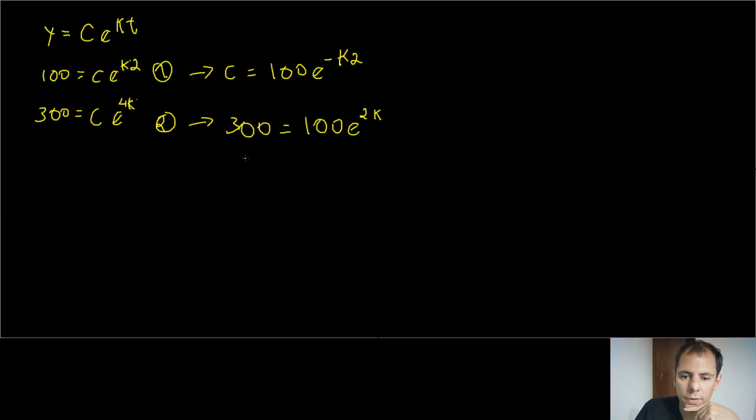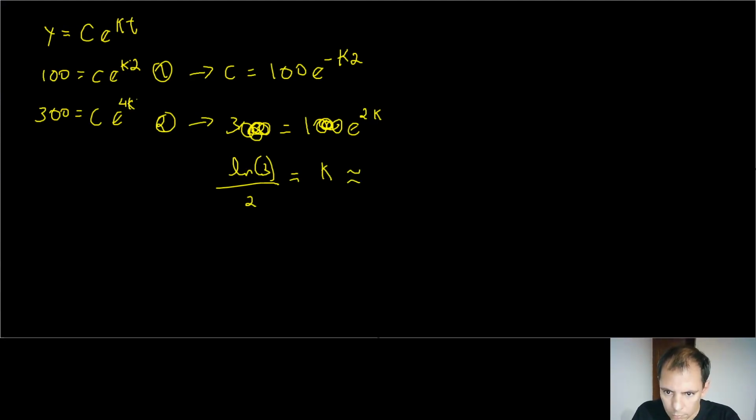And then you have 300 divided by 100, right? So what is this going to be? It's going to be ln of 3 divided by 2 equals k, which is approximately 0.5493. Okay.